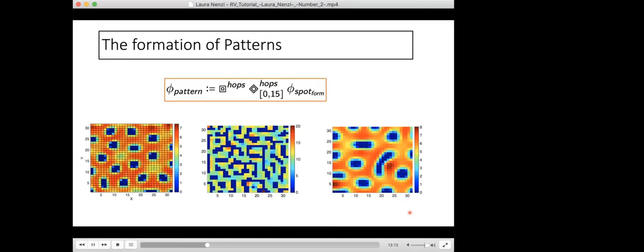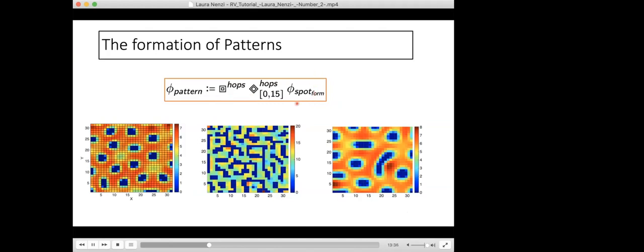That means everywhere. So from each location it should be true that I can find a location at a distance between 0 and 50 where the property phi spots, the formation of spot property, is satisfied.